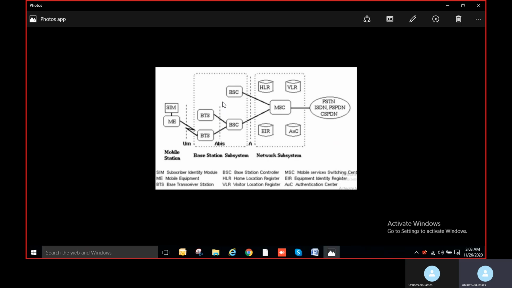The UMTS air interface has two slightly different implementations. Wideband code division multiple access (WCDMA) is the version that was originally specified, and it is currently used throughout most of the world. The other one is time division synchronous code division multiple access (TD-SCDMA).